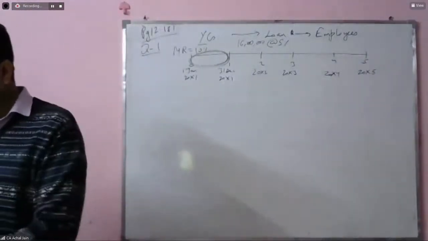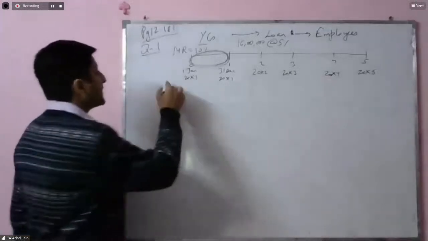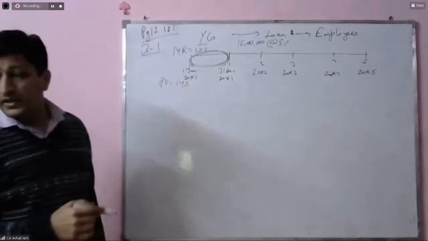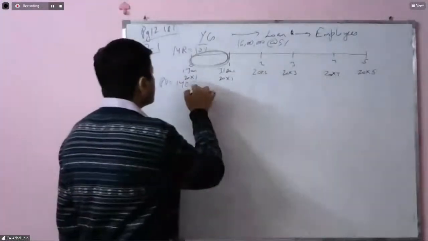Okay, so the figure that we have as present value is 14,06,270.